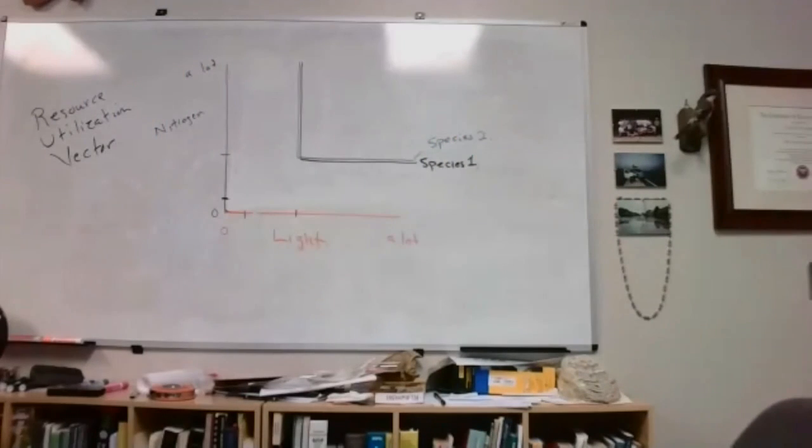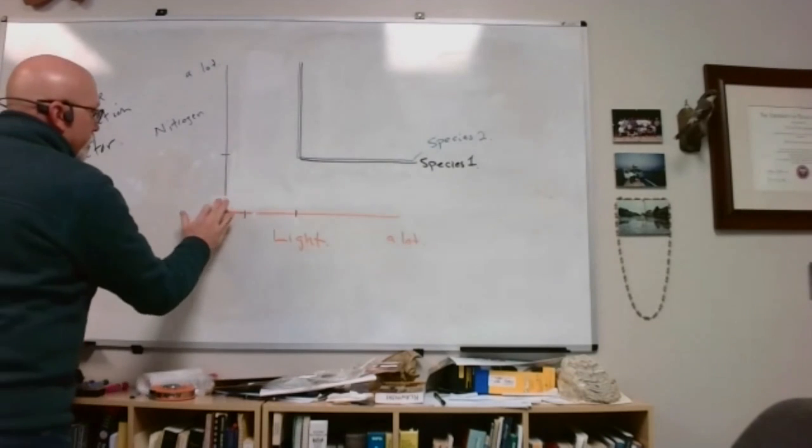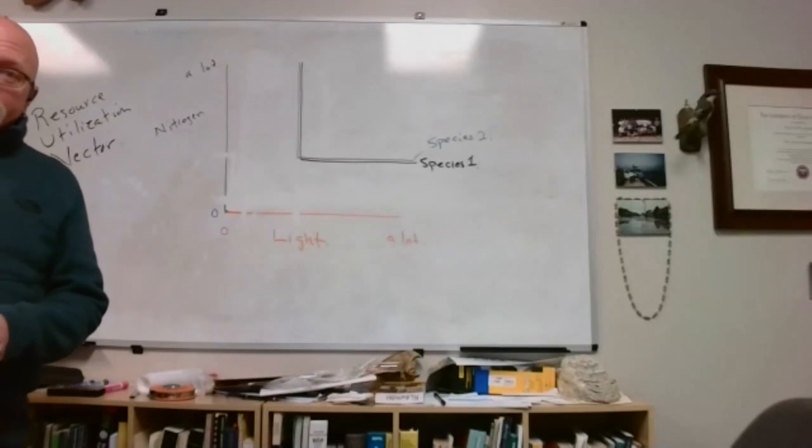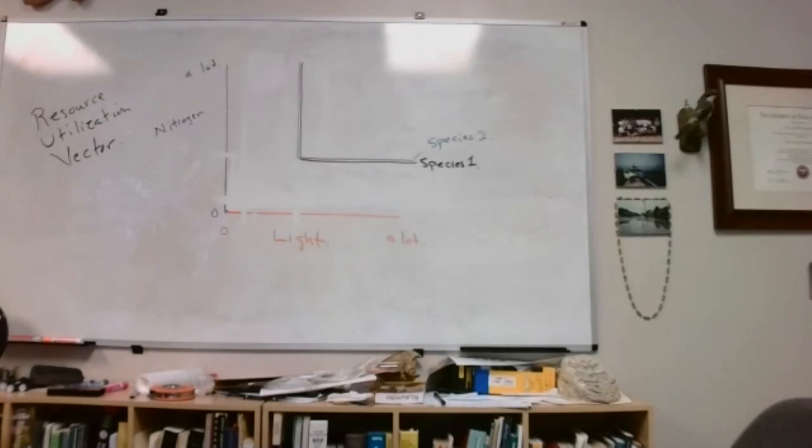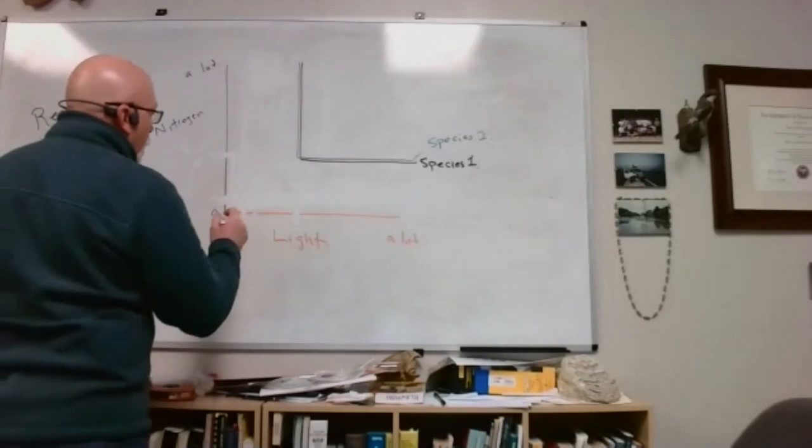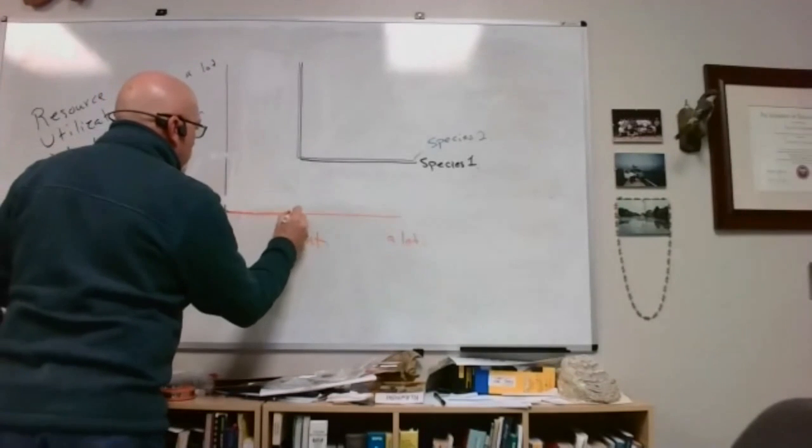What do you now know about these two species in terms of the things that they need to exhibit positive population growth? They're the same. They're not the same, but they're pretty darn close, aren't they? What happens when two species need virtually the same things to survive? Are they going to be able to coexist or not? No. They're not going to be able to coexist, are they?